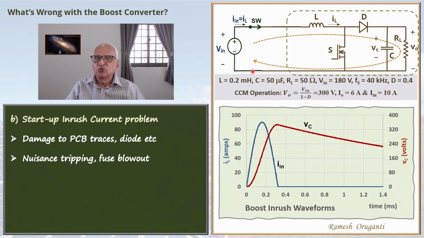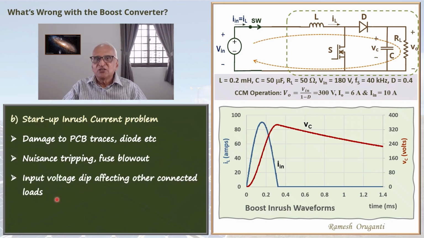It will drop its voltage to limit the current. Under that circumstance, the input voltage will suffer a voltage drop at the start. If other equipment, other circuit boards are connected to the same source, then those equipments, those PC boards will see a voltage dip. That can be a potential problem. These are some of the problems that can occur due to the startup inrush current.